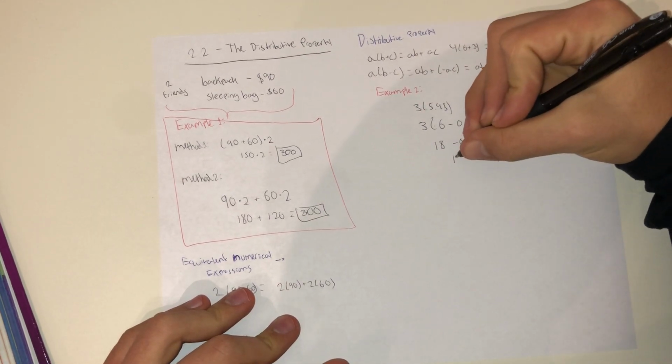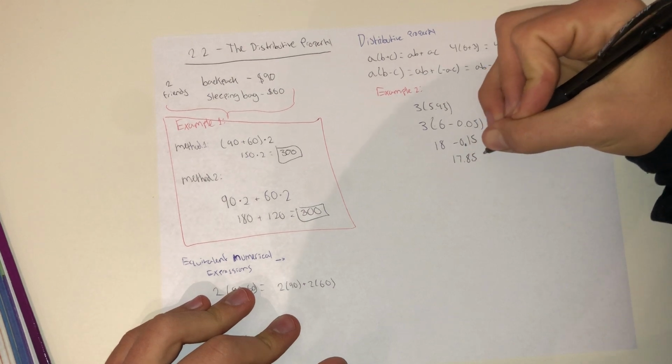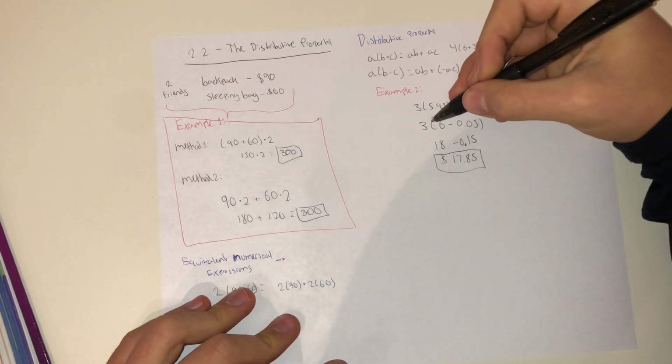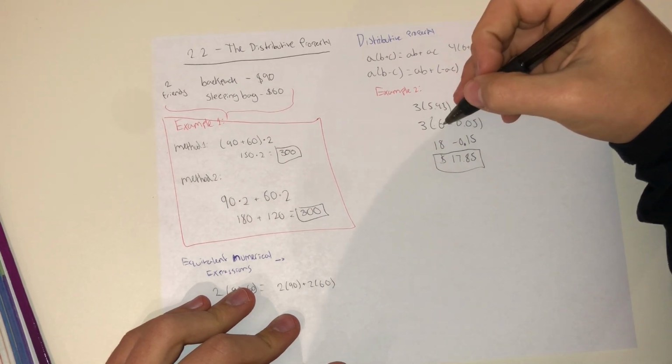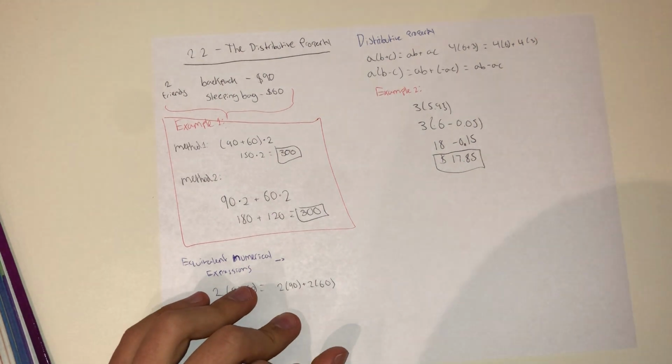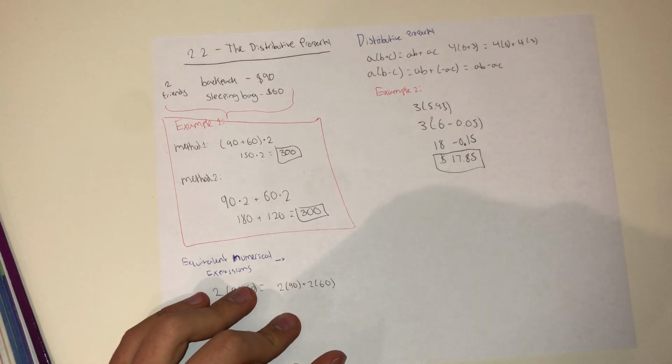Which would then get you 17.85. This is the total cost of the geodes, using the distributive property, because you did 3 times 6, which is 18, minus 3 times 0.05, which would be 0.15. That's all example 2.